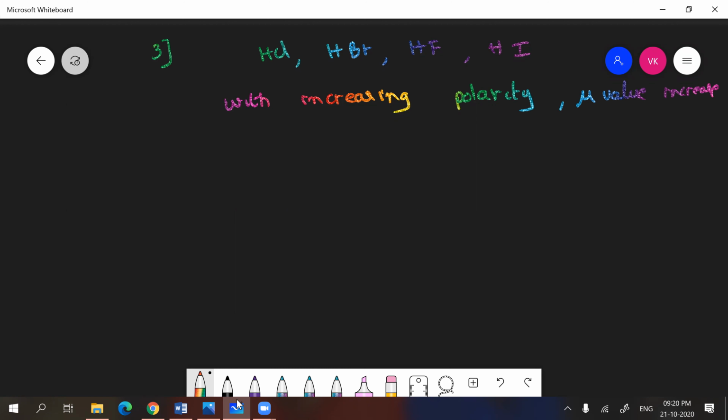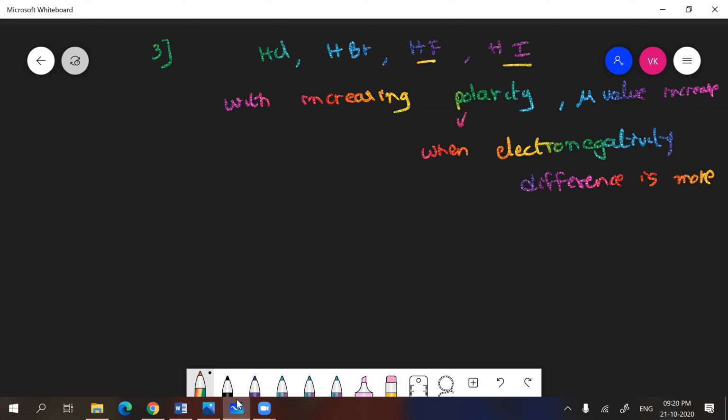So the polarity increases whenever the electronegativity difference is more. In this case, you can observe fluorine is highly electronegative. So HF has the highest and iodine has the least.